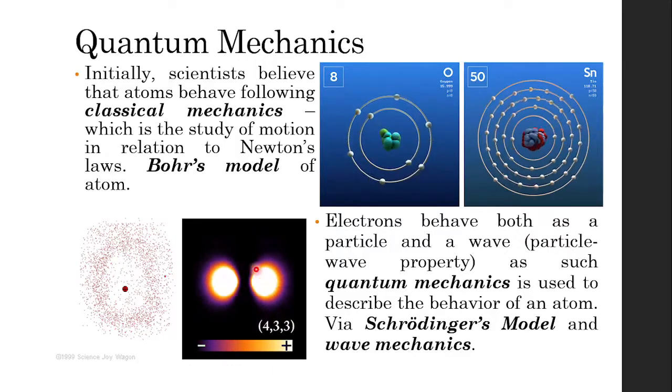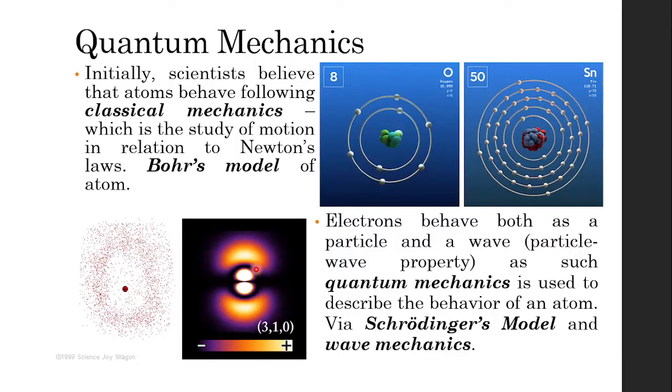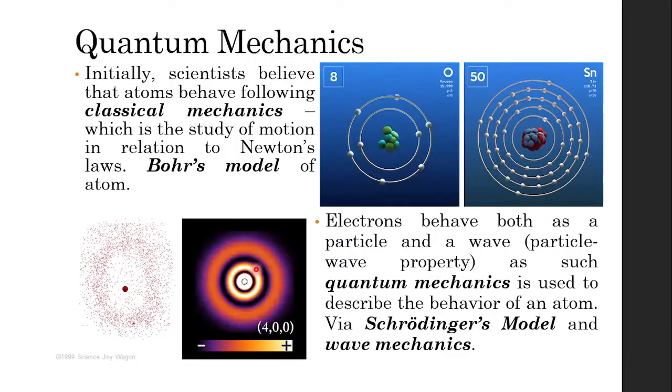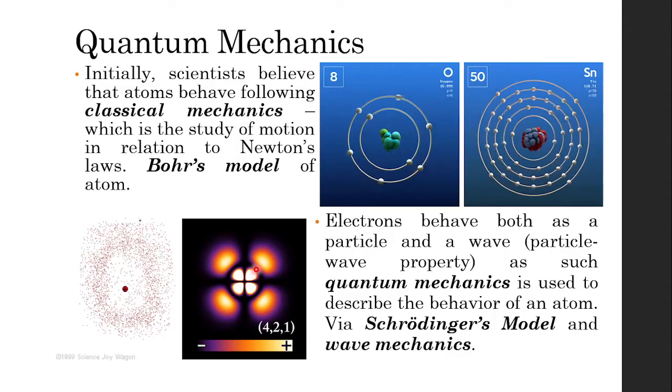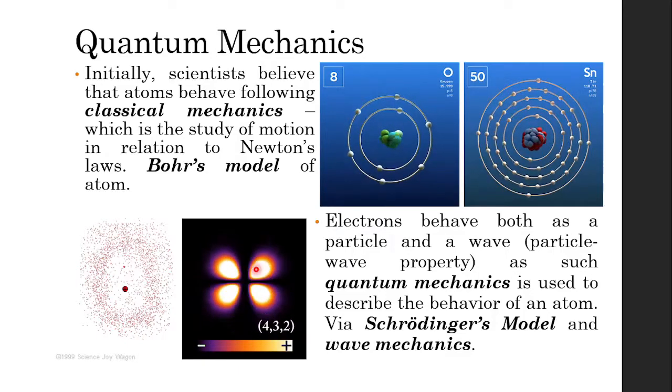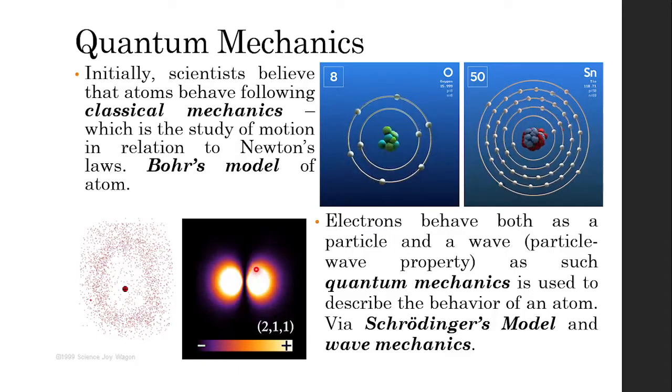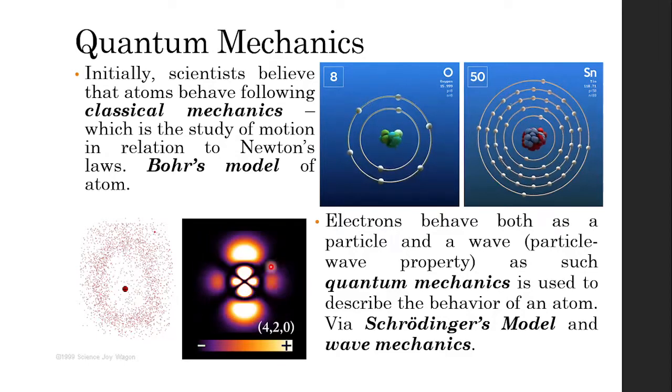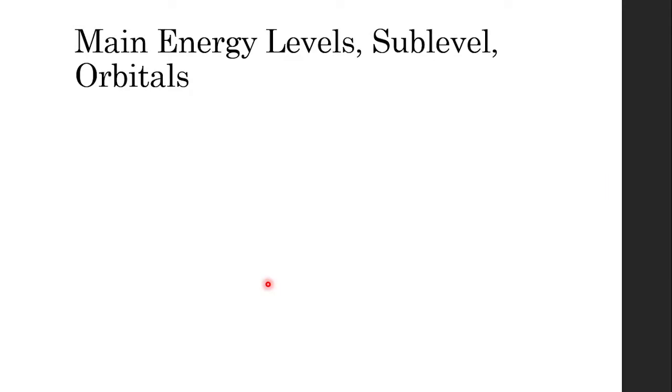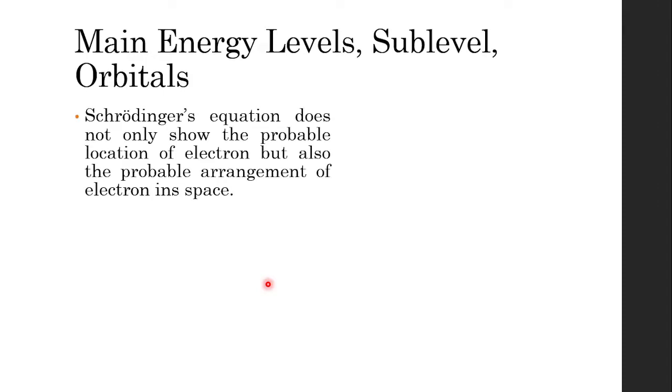So understanding that, we can now use what we call quantum numbers in order to describe the various behavior of an electron. But before we can do that, let's go deeper on how to identify this probability. How do we measure this probability? This is where we study what we call the main energy levels, sublevels, and orbitals.